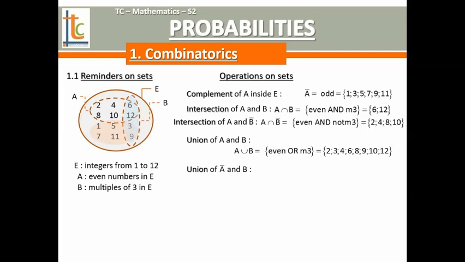You can notice that 12 and 6 belong to this union, whereas they belong to A. But the union of A bar and B doesn't mean that I must not belong to A. It's just that if I belong to A, I have to belong to B. One of the two situations has to be met. So I'm talking about odd numbers or multiples of 3.